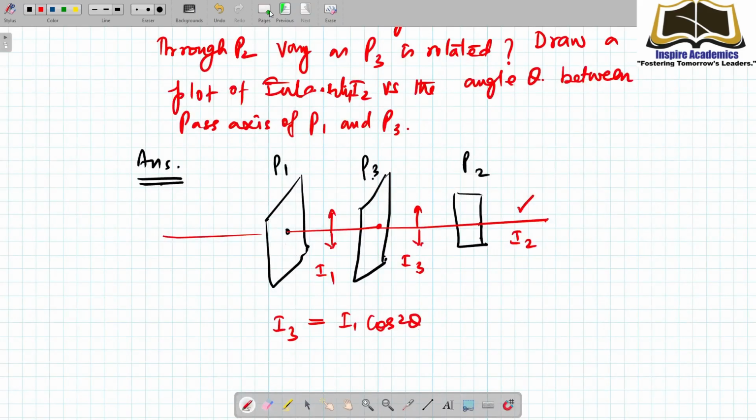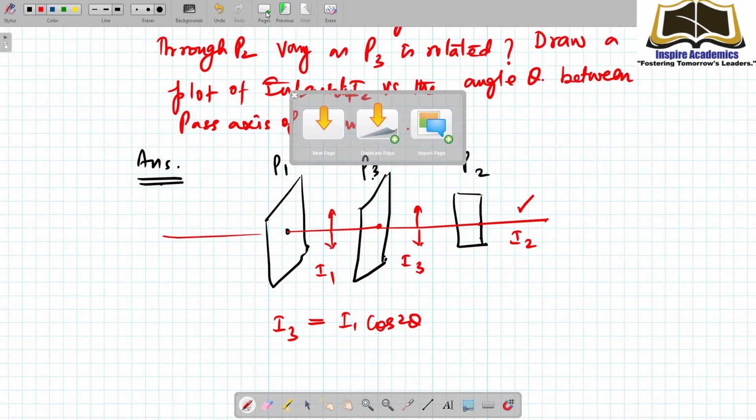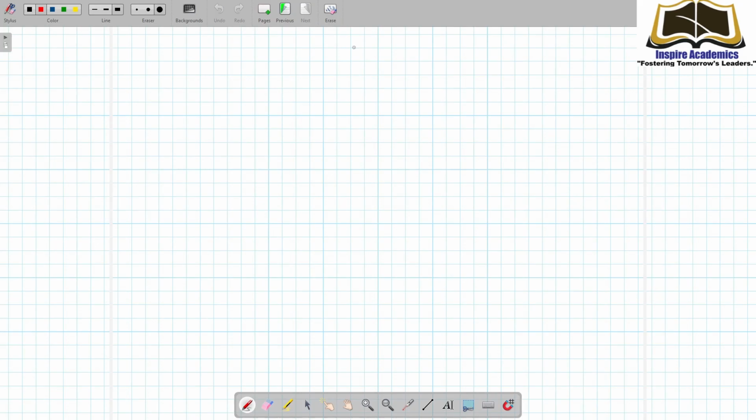Let's go to the next page. So let me just write down again. I3 is I1 cos square theta. Now here I2 will be what? It will be I3 cos square 90 minus theta, because that is the difference.